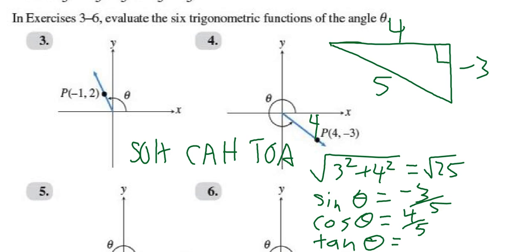Opposite over adjacent, -3/4. So how about that cotangent? Four over -3. Is that the same thing as -4 over +3? Sure it is. I would take either.